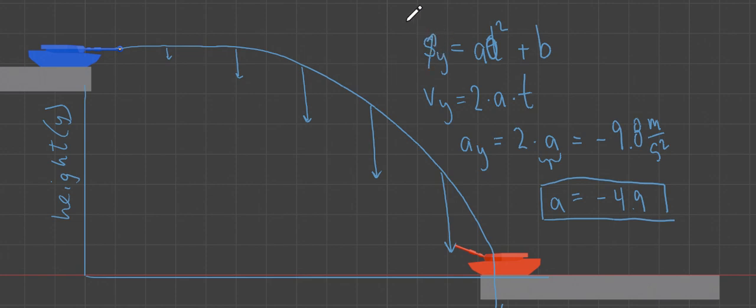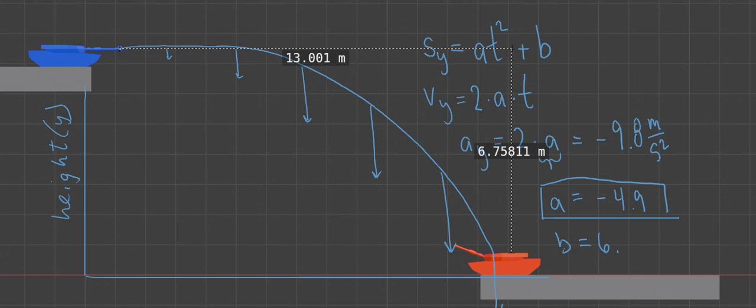So 6.76 is equal to 0 times a. Well, that just negates that, and all you're left with is b. So if I clear that up a little bit, we have that a equals negative 4.9 and b is equal to 6.76.